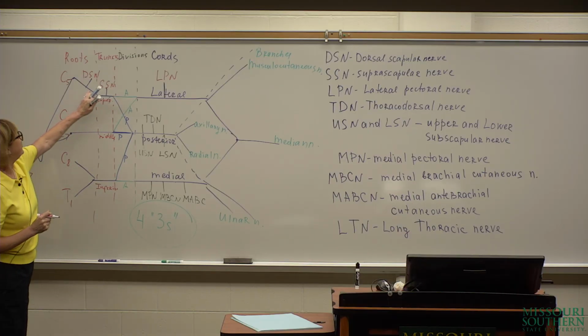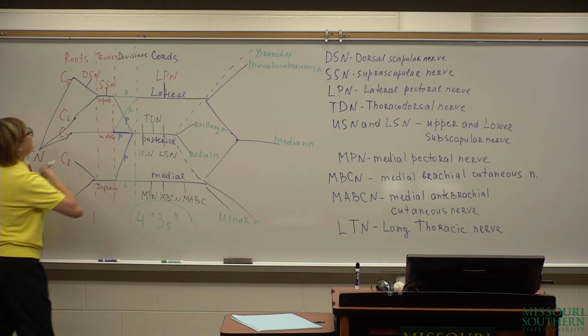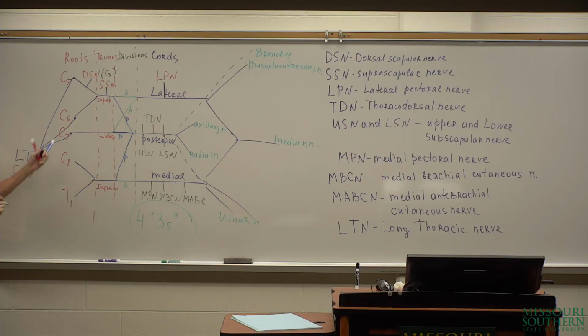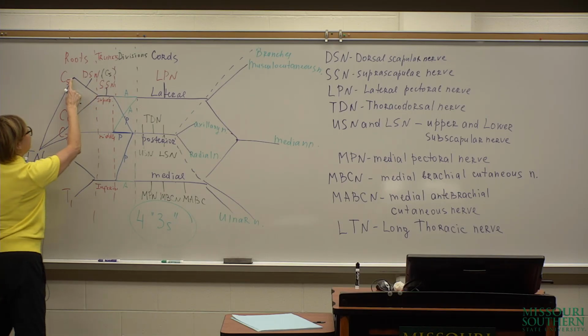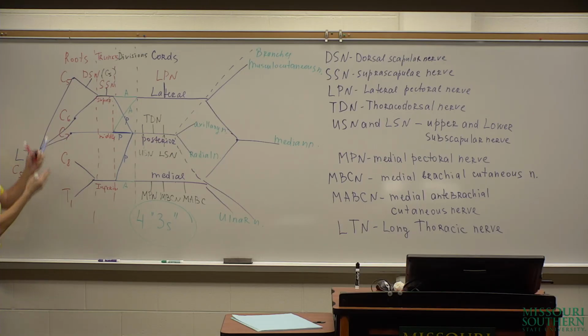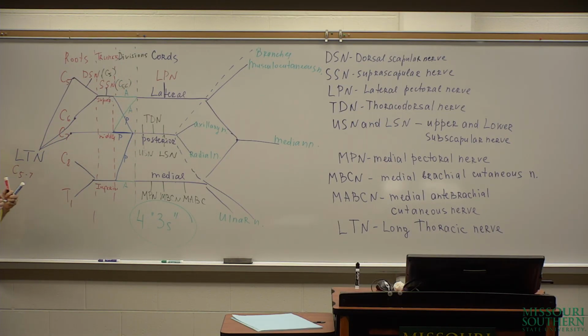The dorsal scapular nerve, look at this, it branches directly from C5, so there is nothing else that can contribute to the formation of this nerve, strictly C5. Let's look at the suprascapular nerve. It comes from the superior trunk that is formed by joining of C5 and C6. So the suprascapular nerve is formed by C5 and C6.